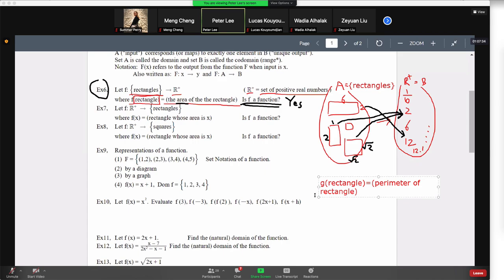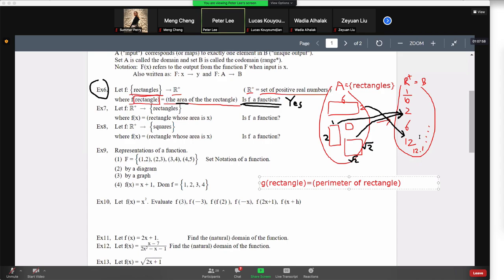If I do that, that becomes a different function. If I match every rectangle to the perimeter of the rectangle, that will also be a function, because every rectangle has only one perimeter. A rectangle cannot have two perimeters. So that will be a different function.